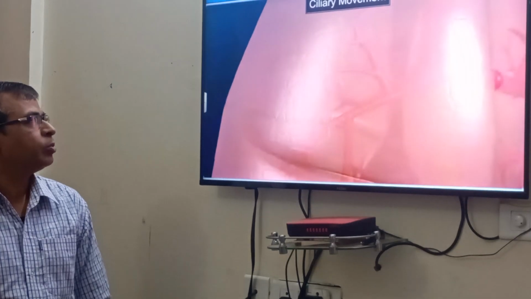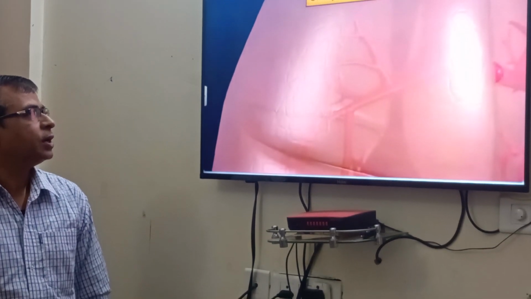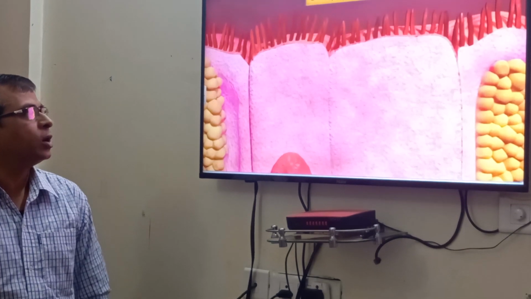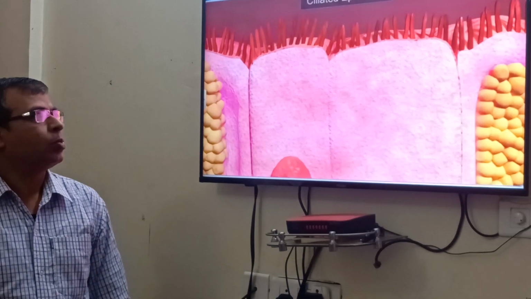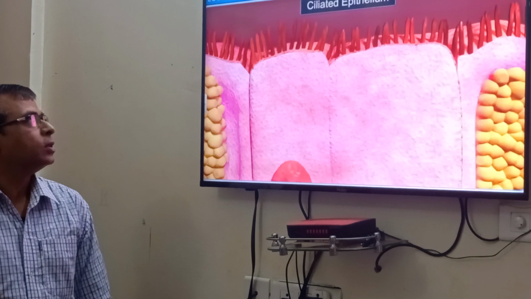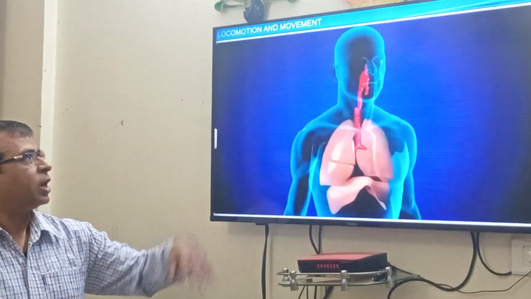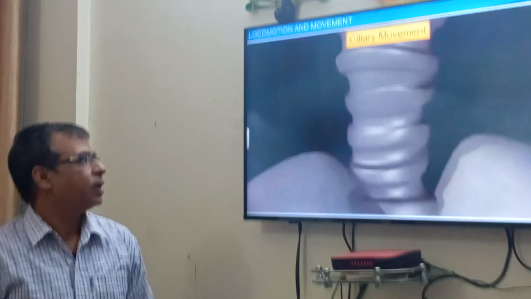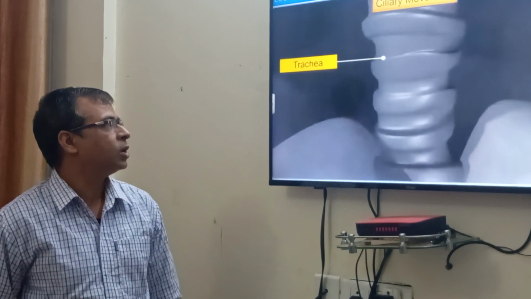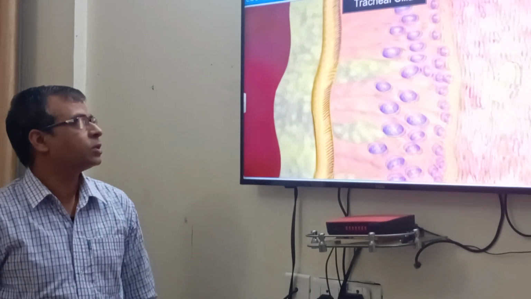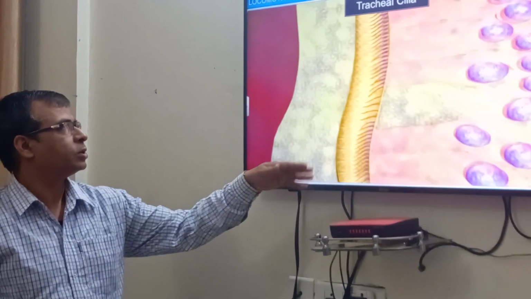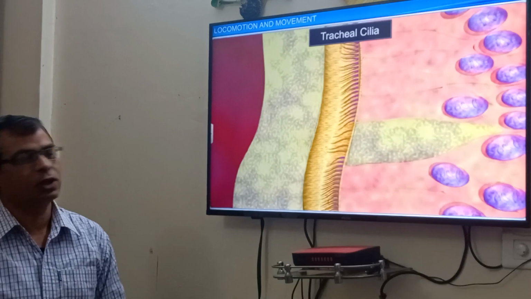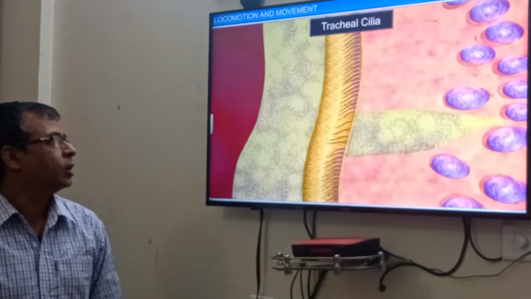This is ciliary movement in the trachea. It removes dust particles and some foreign particles. The trachea is lined by ciliated epithelium, and the movement occurs through the cilia. This removes the different dust particles and foreign material inhaled.